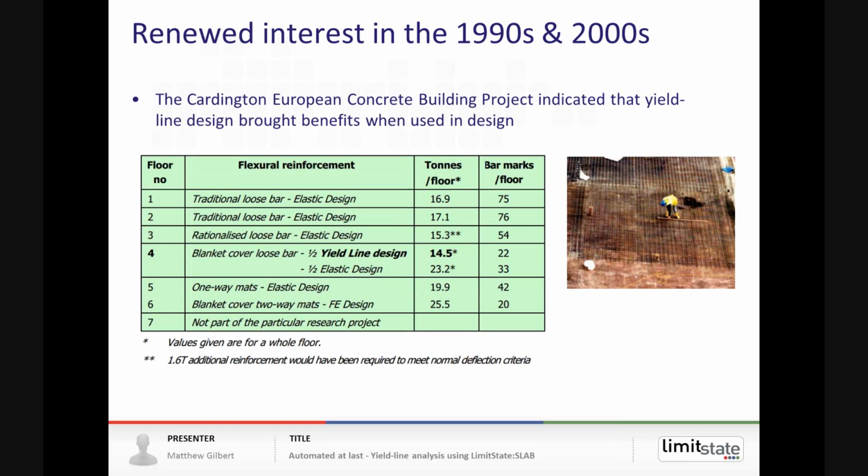And what they found was that the Yieldline design method had significant advantages, both in terms of the amount of reinforcement that was indicated to be needed, and also the number of bar marks. So the simplicity of the design from a constructability perspective was also good. So it looked to be a very, very promising method.